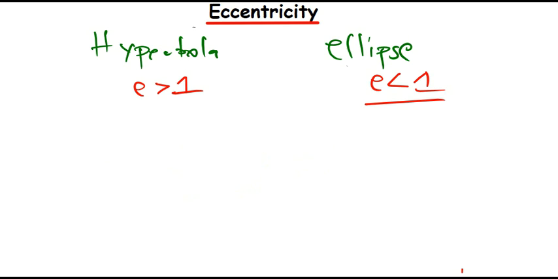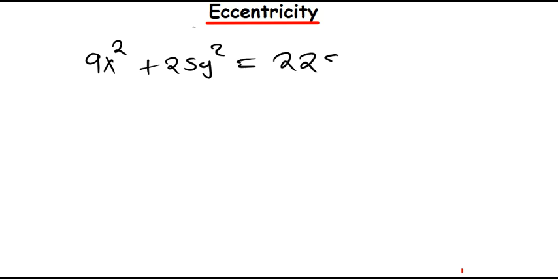Let's look at a few examples here. Let's say we have 9x squared plus 25y squared is equal to 225. Determine the eccentricity of this shape. To start with, what shape is this? Observe there is a summation there.